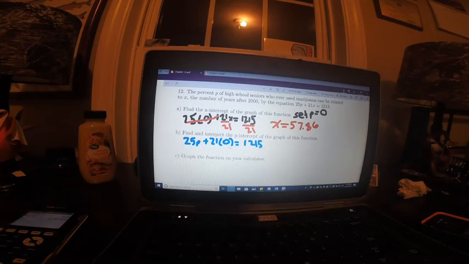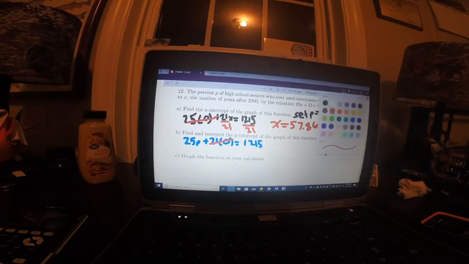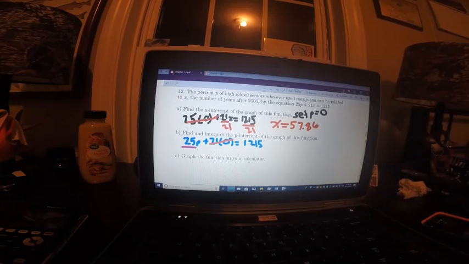Like I said, that 21 and that 0 cancel themselves out, so all we really have to do is divide by 25 on both sides.